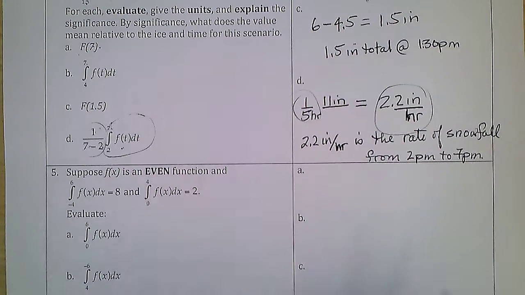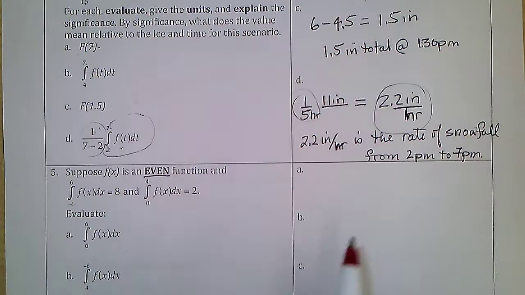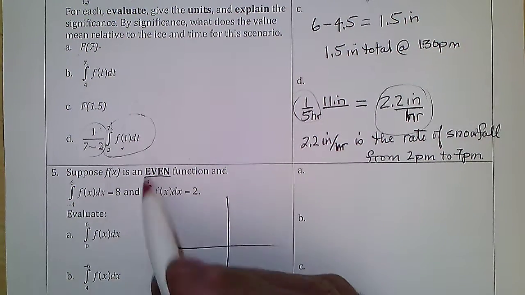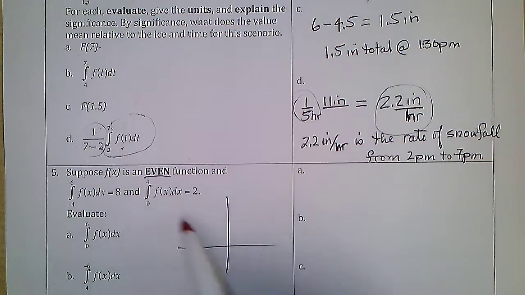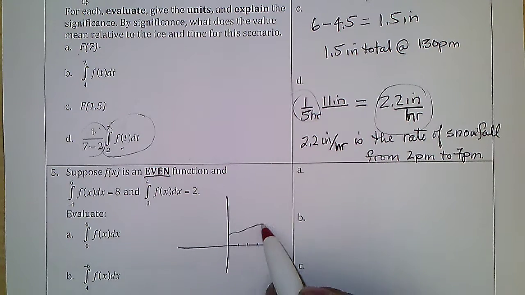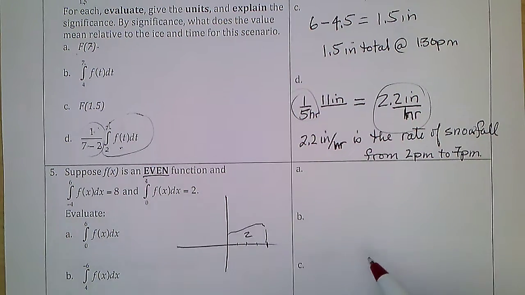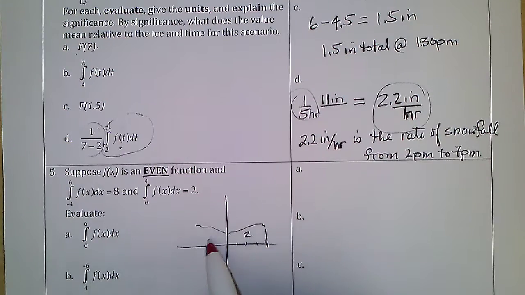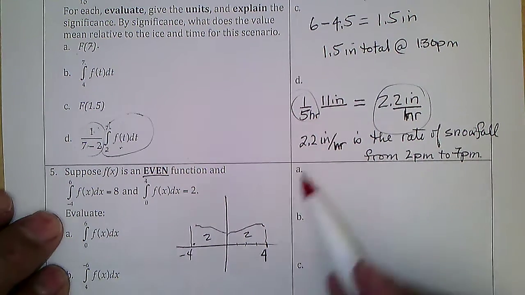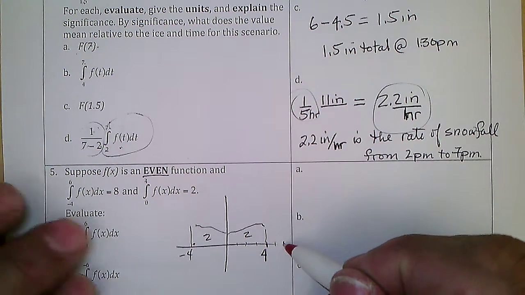Okay. If we have an even function, what it does on the left side, it does on the right side of the y-axis. So if it goes from 0 to 4, and it goes up by 2, the area has to be 2, which means it had to be 2 over here if it's an even function. Then it says from -4 to 6 is 8.